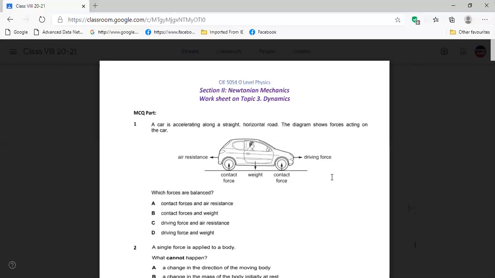Contact force and weight. Yeah. So it should be B, right? Yes, sir.